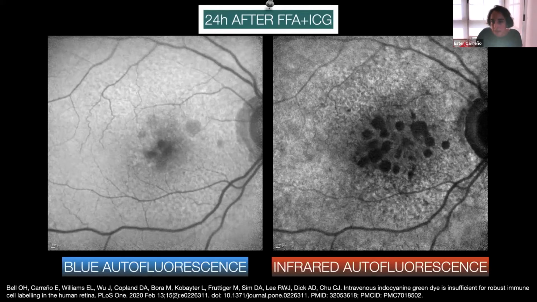However, when we do the ICG and then take a picture with the infrared autofluorescence or the ICG module of the Spectralis, 24 hours after administering the ICG, we can see that there are some areas of the RPE that are not eating the ICG the same as the others, and this is probably an early marker of RPE damage. And I think that will be something very useful in the future that we can use also with the dye.